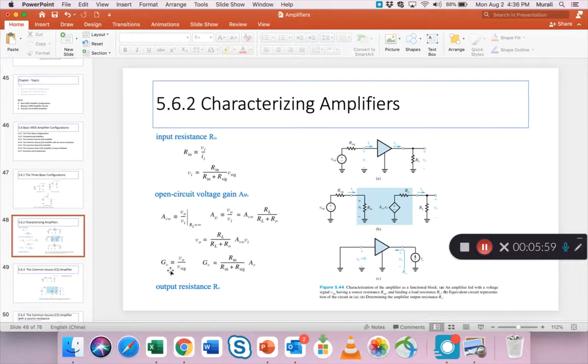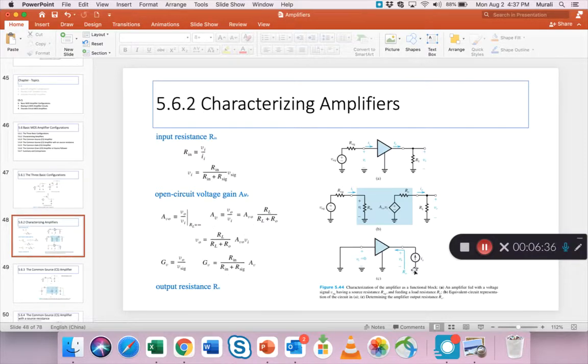Then there is the voltage gain VO to V signal, which is the overall voltage gain, and it can also be written in this form, in terms of this voltage gain. So this is called the overall, I at least call it the overall. That means V output with respect to V signal. This is only V output with respect to VI, which is at this point, not V signal. So that's the difference.